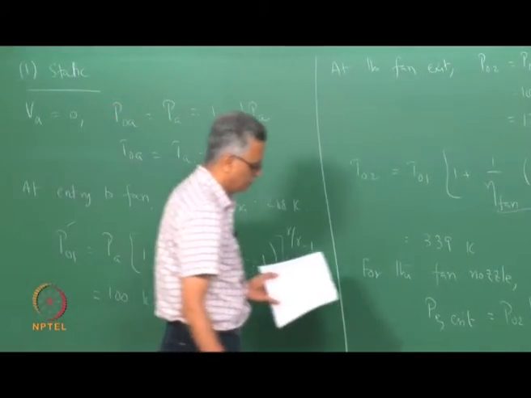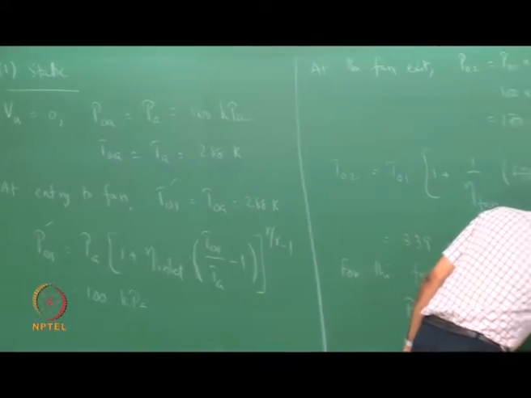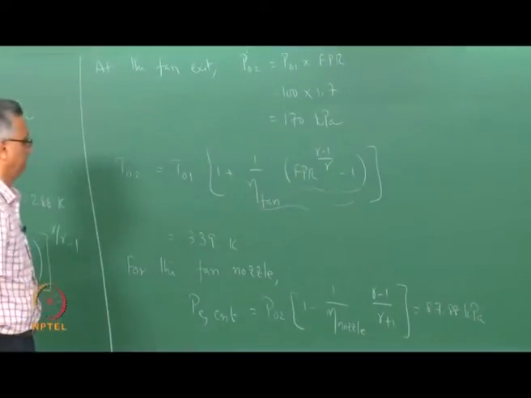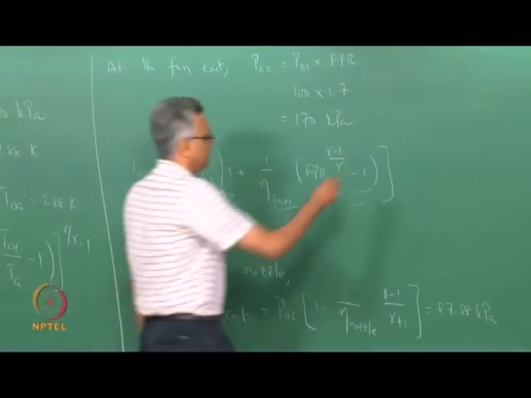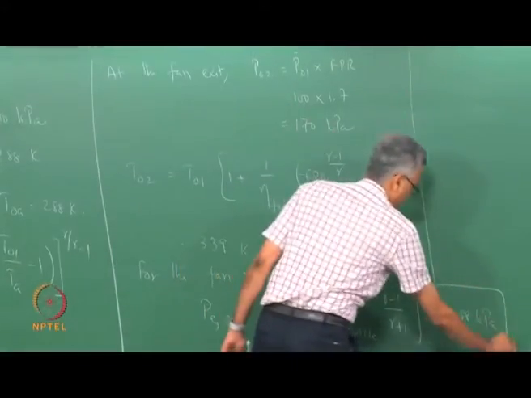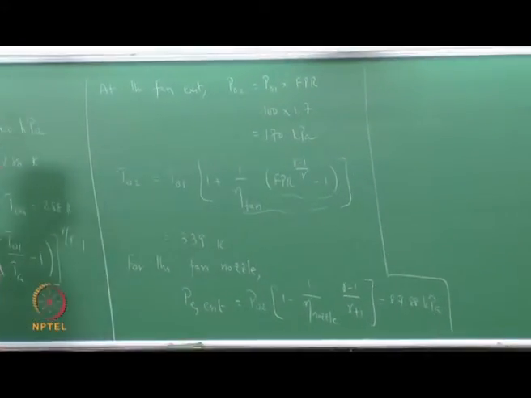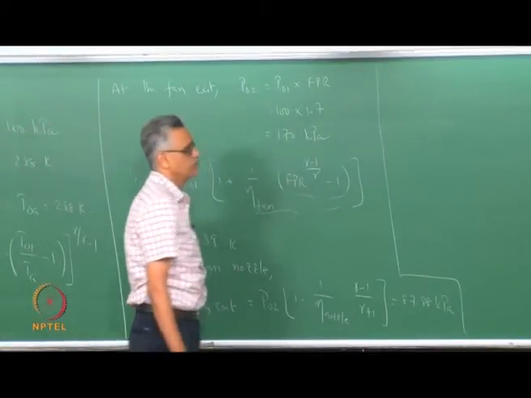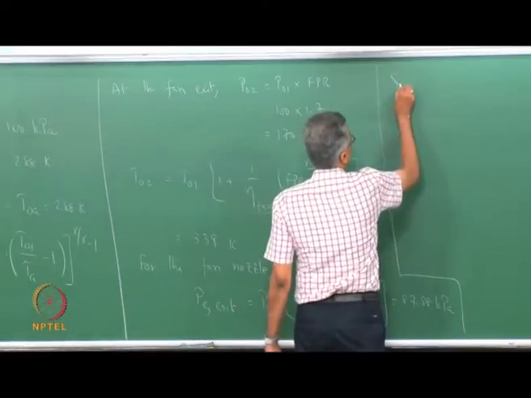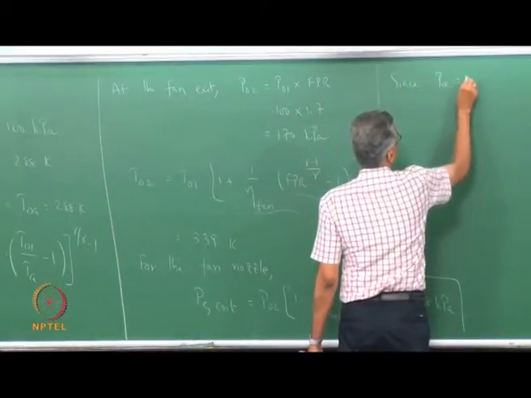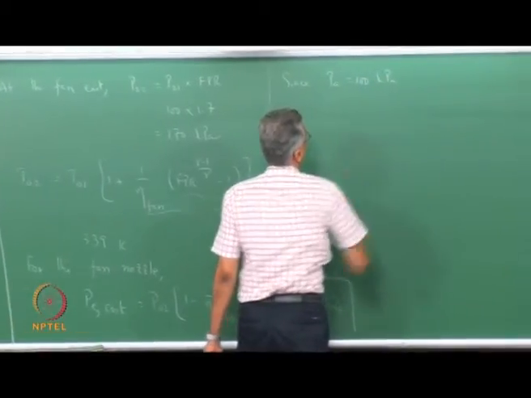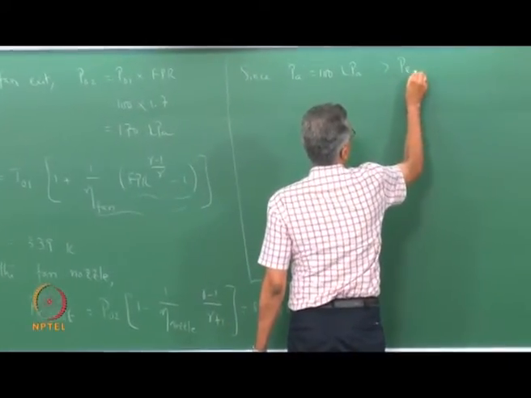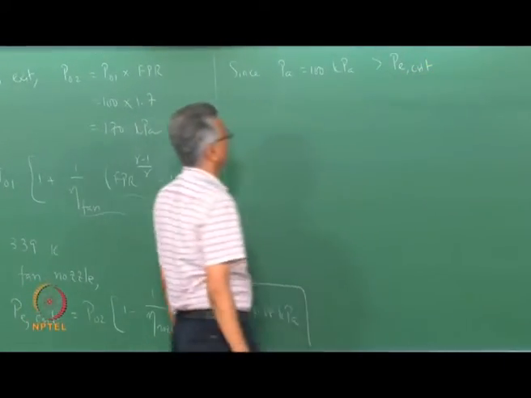and if you substitute the numbers, you get this to be 87.88 kilopascal. That is PE critical for the fan nozzle. The ambient pressure is given to be, since PA is equal to 100 kilopascal for this case, which is greater than the PE critical.